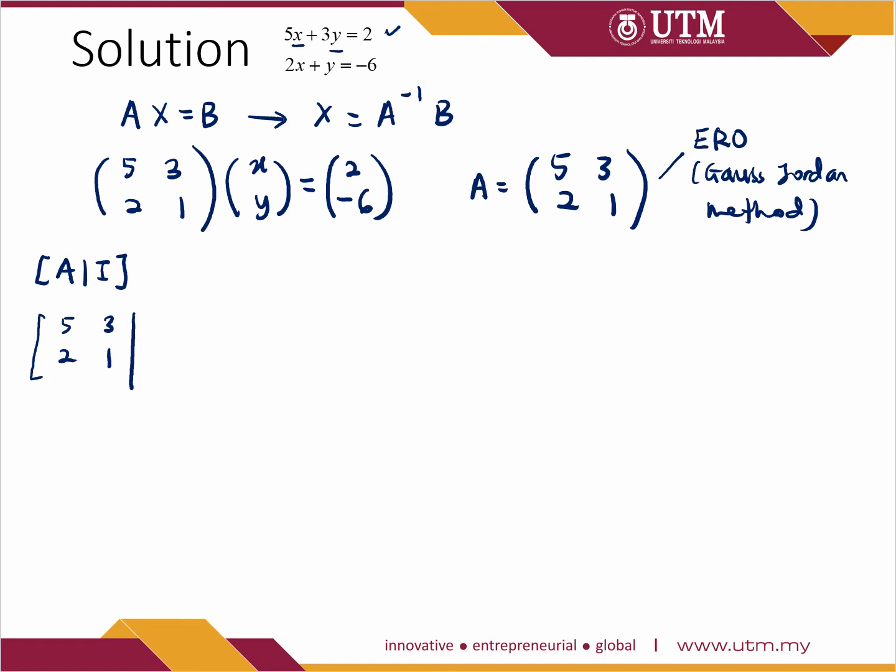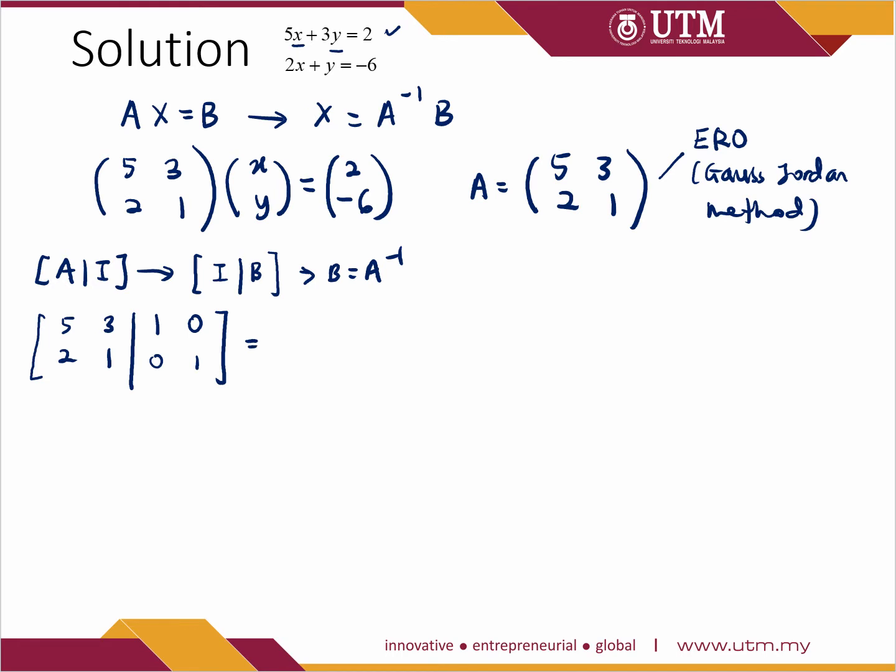So this will be 1, 0, 0, 1. Our final solution should be in terms of I augmented with B, where B is the inverse matrix of A.